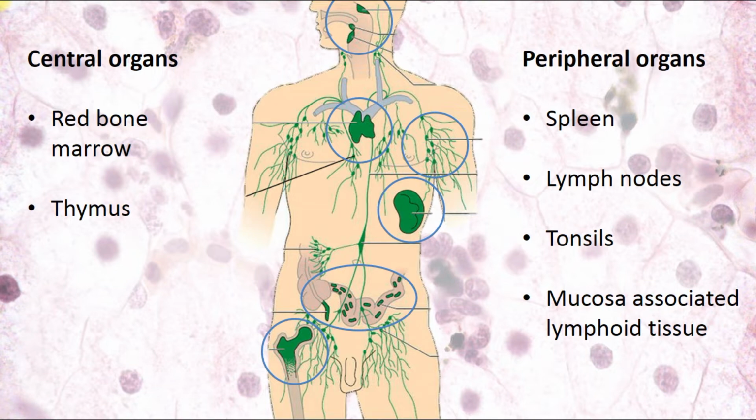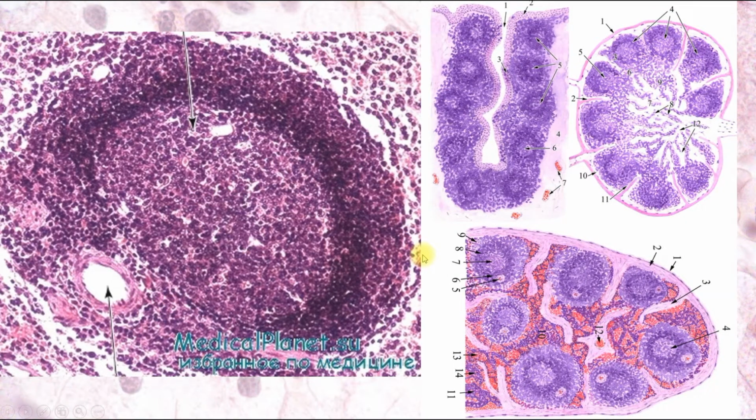And now let's look at the histological structure of central and peripheral immune organs. And we'll begin with peripheral immune organs. Here we can see a histological slide which shows us tonsil, lymph node and spleen. And we can find here that those violet points, those violet round structures are lymphocytes, different numerous lymphocytes, immune cells.